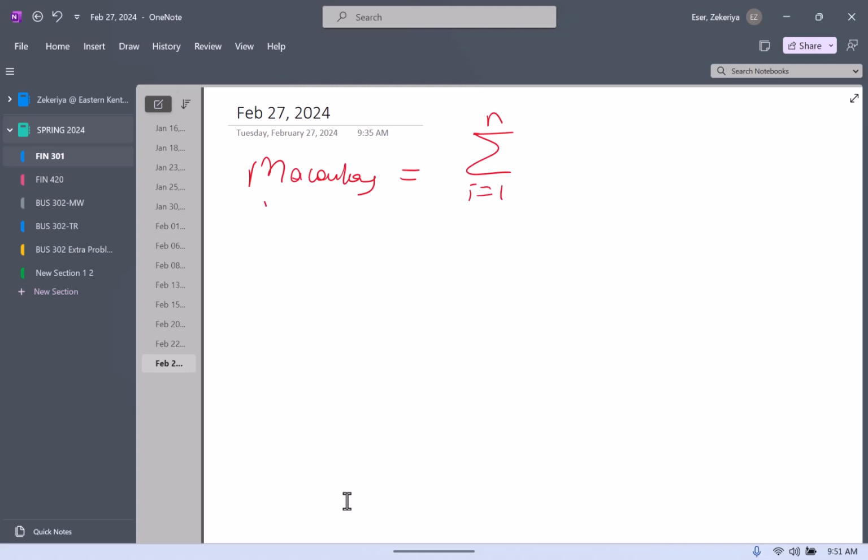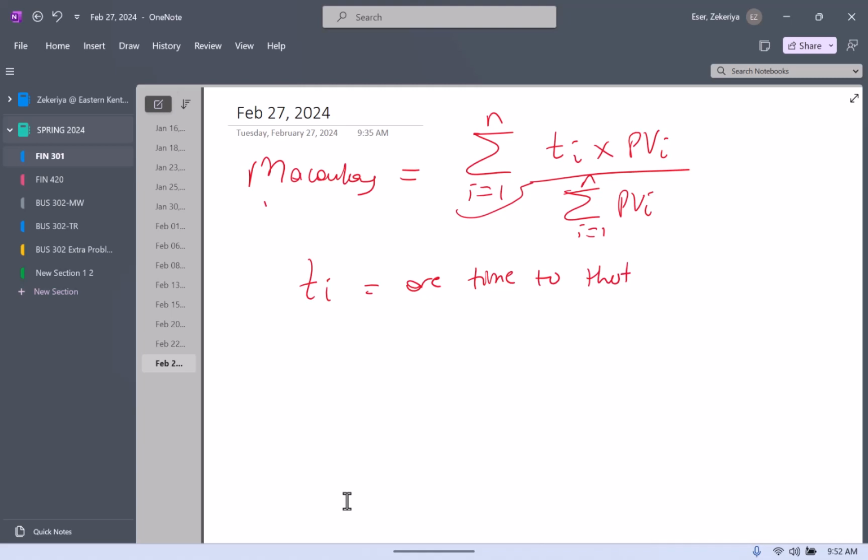Length of the payments, present value of the payments, and time to that cash flow in years. It's basically calculating the weighted average maturity of that cash flow.